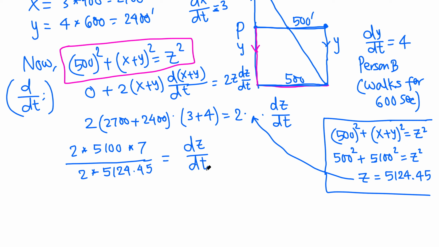This is what we are trying to figure out. Use the calculator. That gives the rate at which the distance between the two people is changing. It comes out to be 6.97. Now we need to put the correct units. It's feet per second. Feet per second. Final.